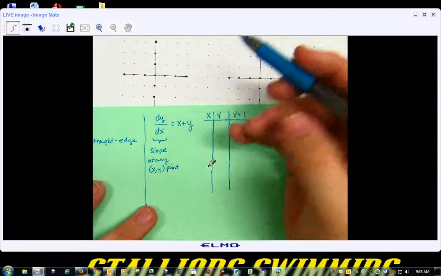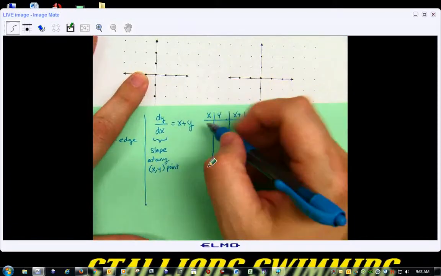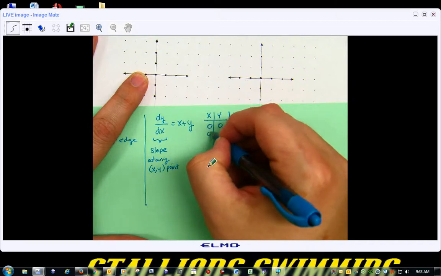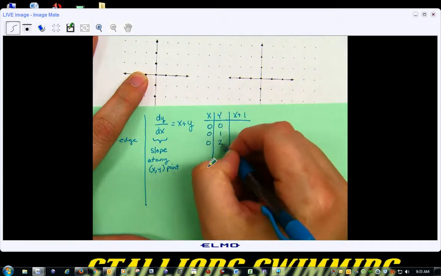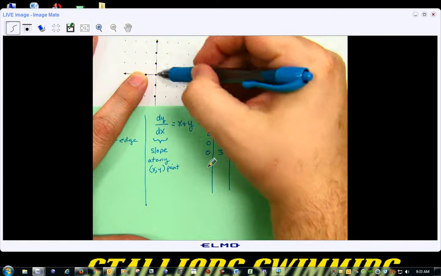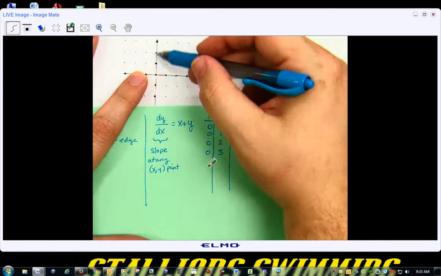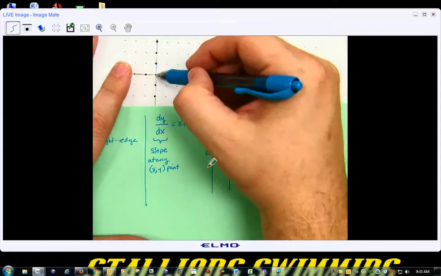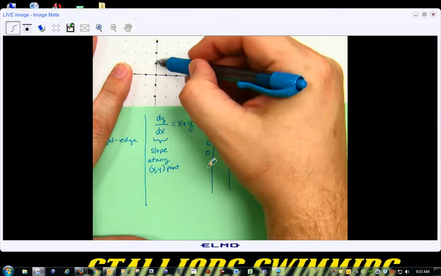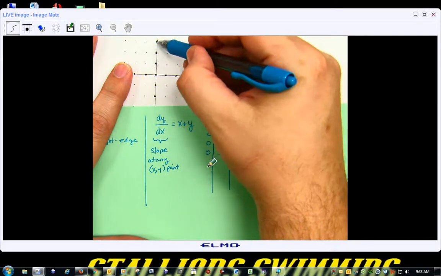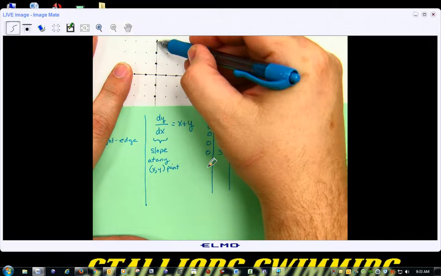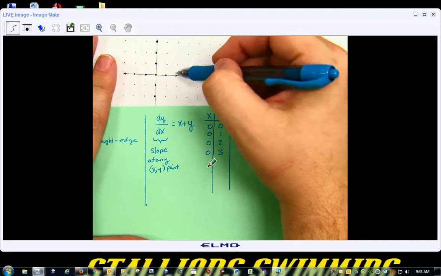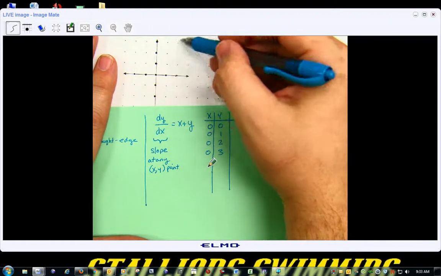Now, if I take a look at x equals 0, I could get 0,0; 0,1; 0,2; 0,3. I'm just working right here for now, to give you an illustration of how to create the slope field. So we're figuring out these different points, and that's why we use a coordinate plane with dots at the specific points.